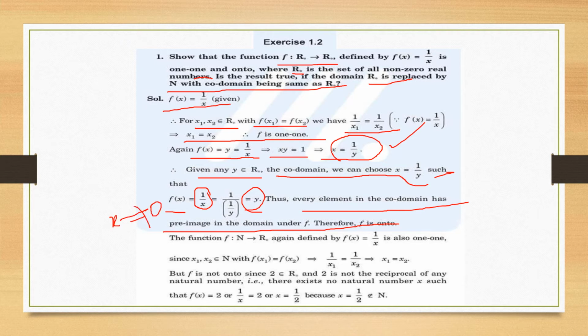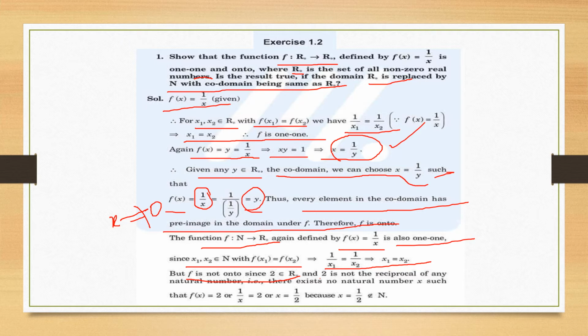Right. Now see, the second part is if f is mapping from N to R*, that means I change the domain from R* to N. Then what will happen? f(x) is equal to 1/x, it will be one-one again, right? Since x1, x2 belong to N, f(x1) equal to f(x2), the same thing that we have done here is followed. But f is not onto. Why? If I take 2, an element 2 belongs to R*.